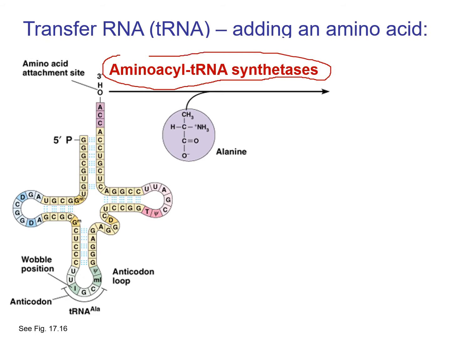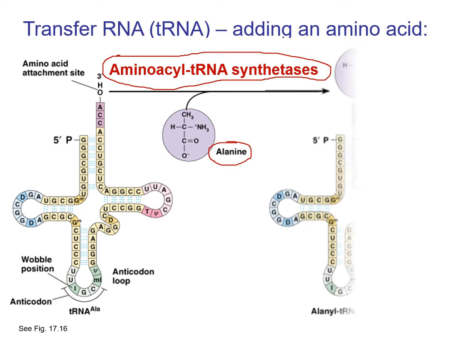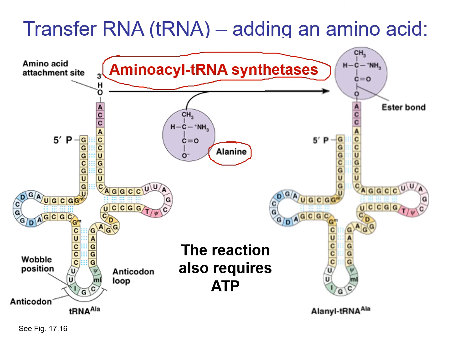That's the name of the enzyme that is going to attach this amino acid. So we have alanine here. We're going to attach it onto this transfer RNA. Here goes. Boom. There it is. So this is alanine. There's the anticodon down here. We're all ready to go. This, of course, takes energy. We're going to use energy in the form of ATP.